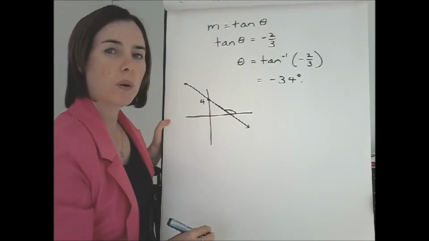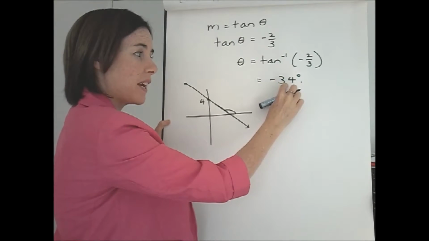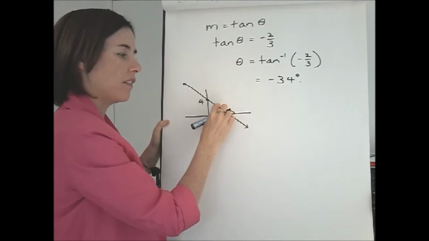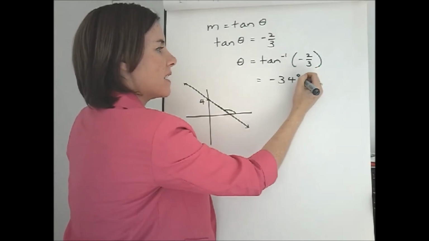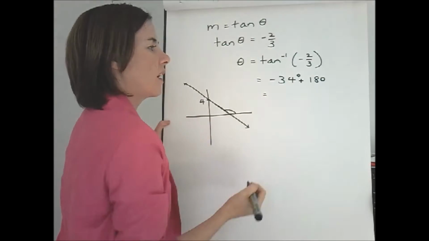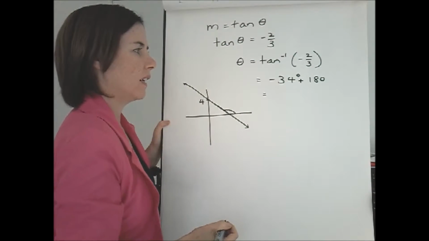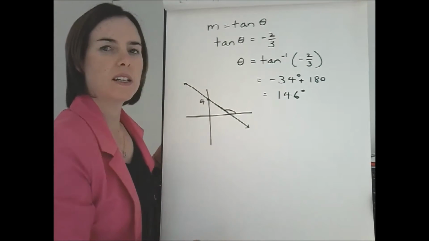And a very quick way, without explaining the theory, to convert your negative angle into the correct obtuse angle is to add 180. So if I add 180, and you can do that on your calculator, you're going to get 146 degrees.